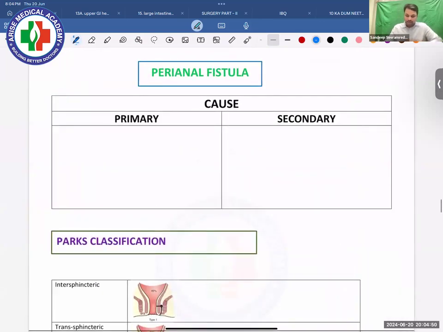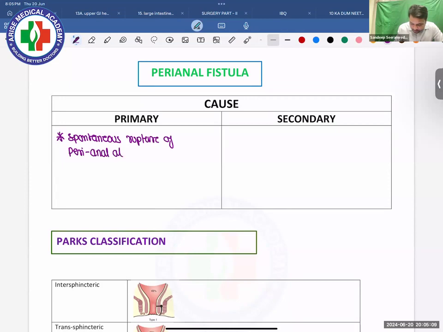So when you talk about the perianal fistula, you have 2 components, the primary cause and the secondary cause. The primary cause is because of spontaneous rupture of perianal abscess, that is the first one.